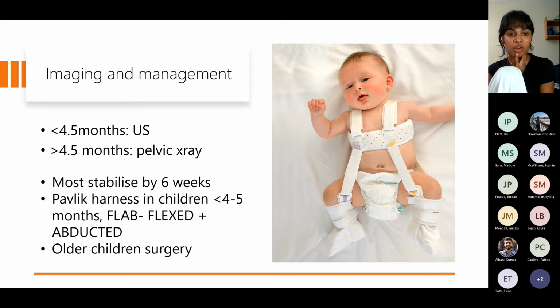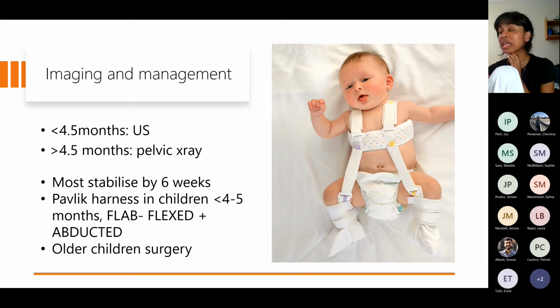Does anyone know what this cute baby is in? This is a management for some of them. Pavlik harness, exactly. Well done. I remember it as FLABS: the way they keep their legs, they're flexed and abducted. The important point is that most of these problems will stabilize by the time they're 6 weeks.